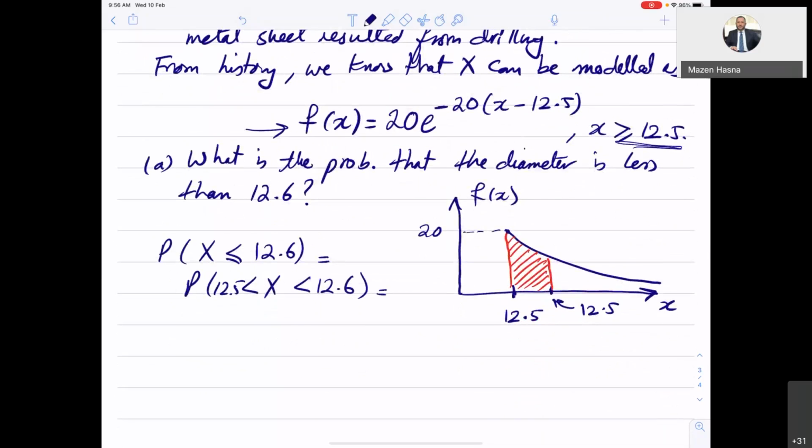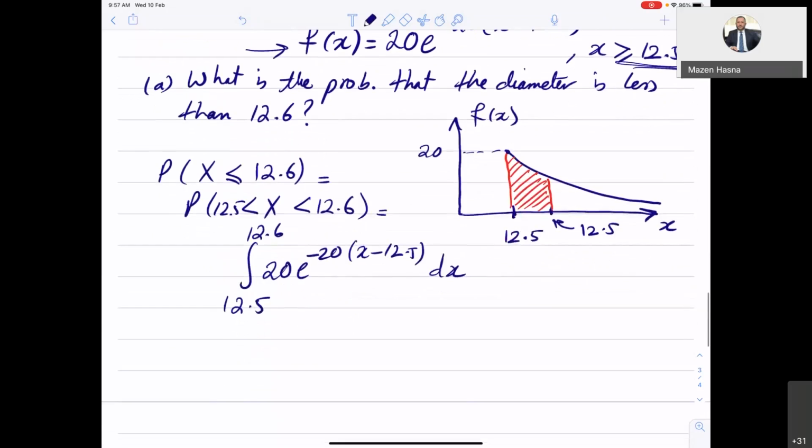So basically this is integration from 12.5 to 12.6 of 20 e to the minus 20 (x minus 12.5) dx. And for this kind of integration, if I ask you this in the exam, you should be able to do it.